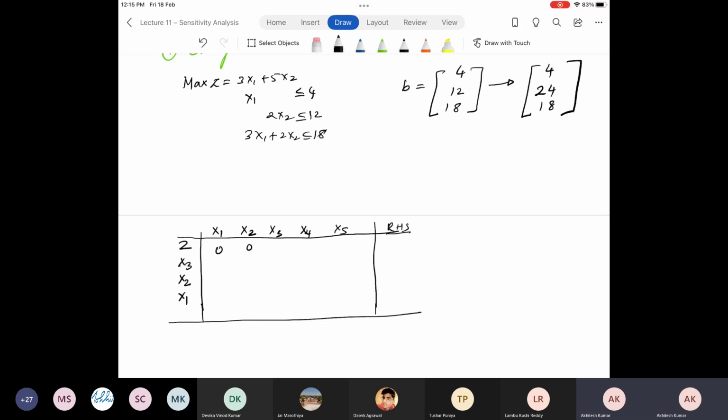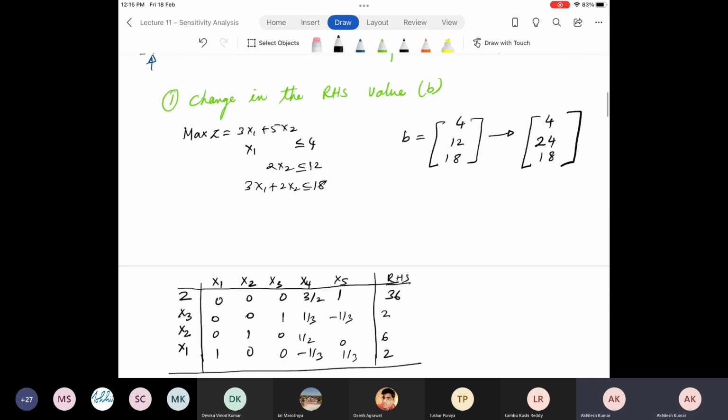The rows are 0, 0, 0, 3 by 2, 1, 36; 0, 0, 1, 0, 1, 0, 1; 0, 0, 1 by 3, 1 by 2, minus 1 by 3, minus 1 by 3, 0, 1 by 3, 2, 6 and 2. This is the last known optimal solution for this problem.